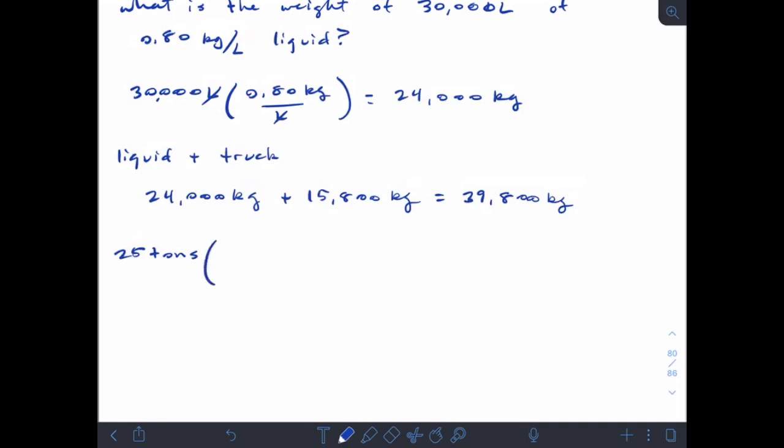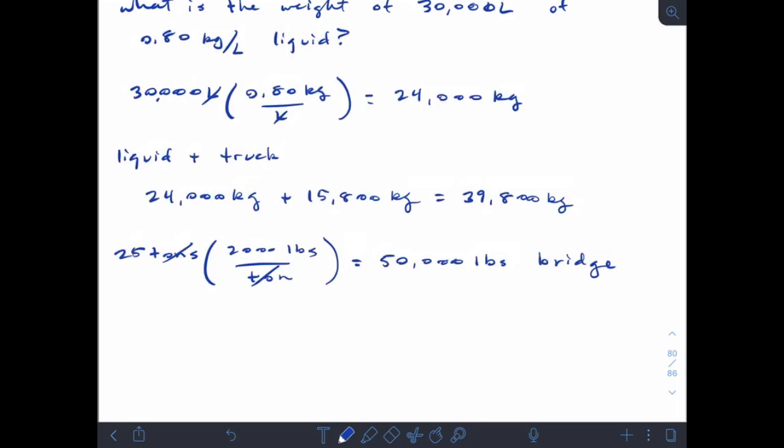So we need to know what that is in pounds. There are 2,000 pounds per ton. Again, using the unit conversion factor tactic, the tons go away. So we have a max weight of 50,000 pounds for the bridge.